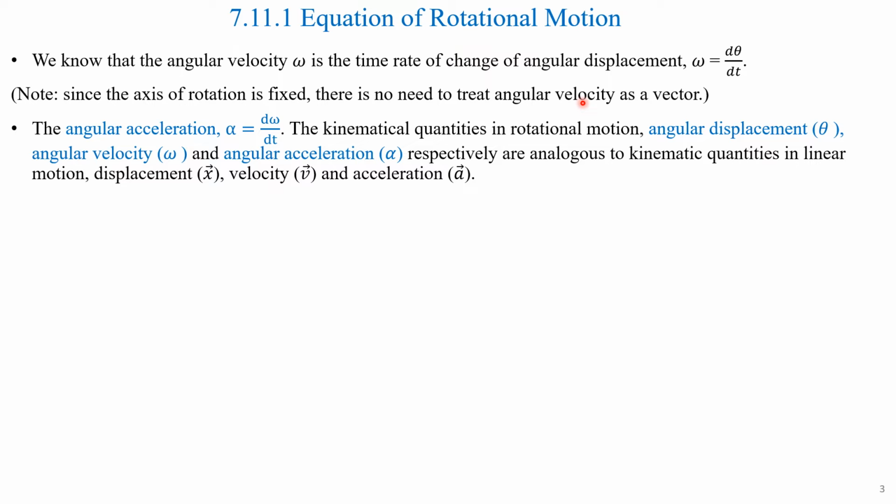The angular acceleration is given by alpha is equal to d omega by dt. Therefore, the kinematical quantities in rotational motion, that is angular displacement theta, angular velocity omega, and angular acceleration alpha respectively are analogous to kinematic quantities in linear motion.